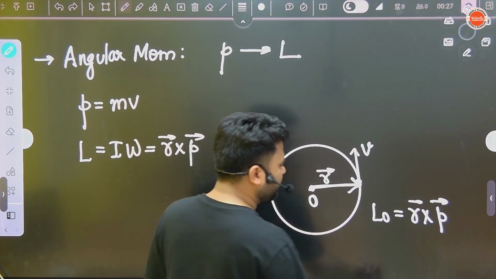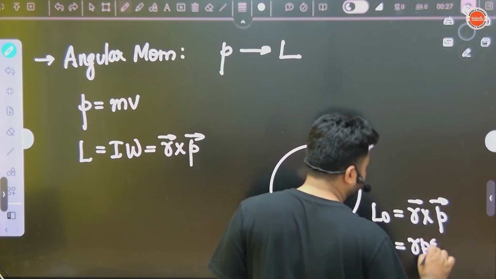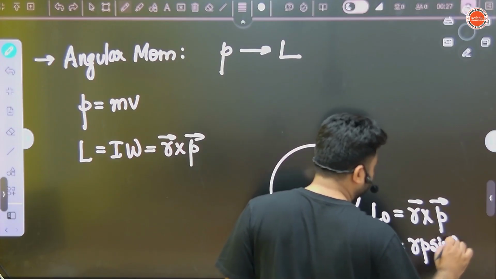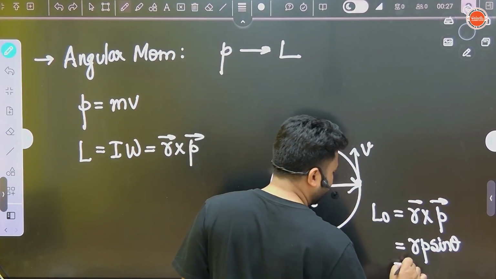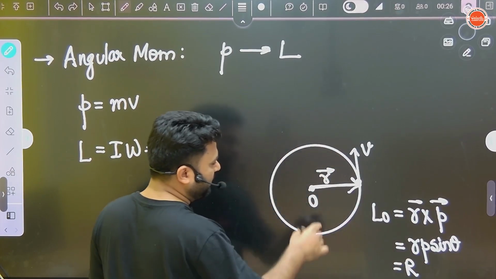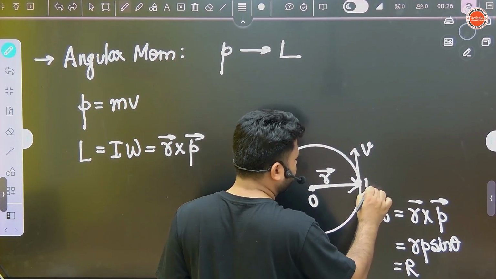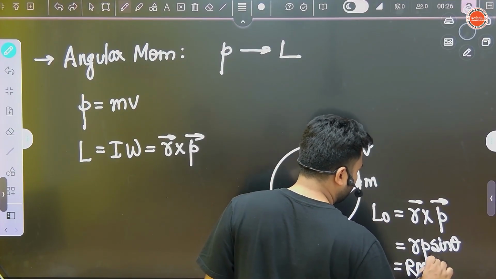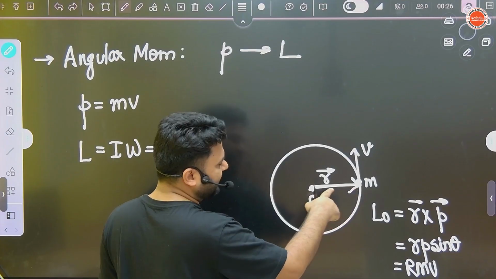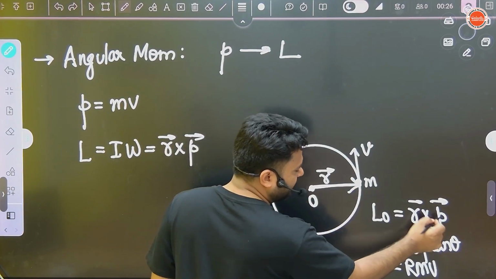Here, r cross p means a cross b is ab sin theta, so r cross p will be rp sin theta. In this case r is the radius. p, momentum, means mass into velocity. Suppose mass of the ant is m, so m into velocity. Theta is the angle between the r vector and the p vector.